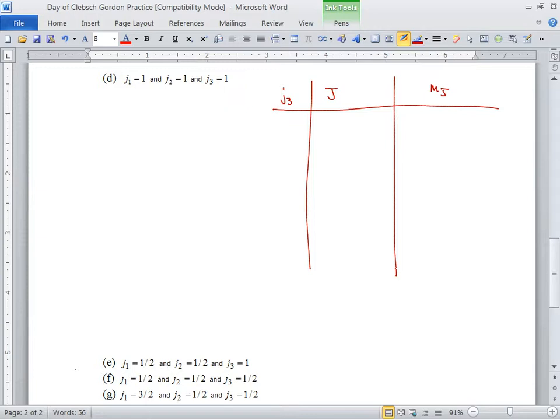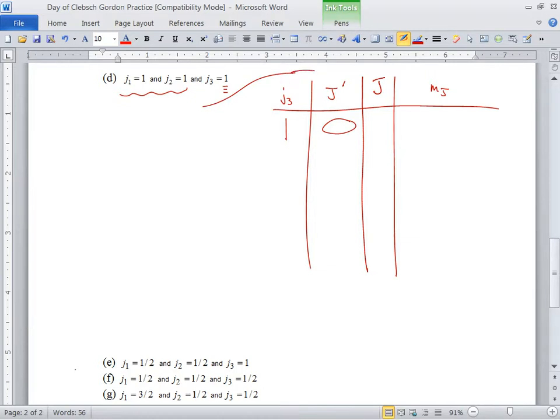What I want to do is couple, because the rule only lets you couple 2 things at a time. So we're going to couple 2 of these, get our answers, and put them in the table. Our J3, which is a 1, I'm going to put in this table. Oh, I forgot, J is the final answer. So I need a J prime.